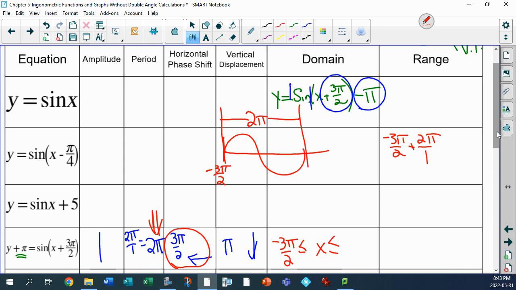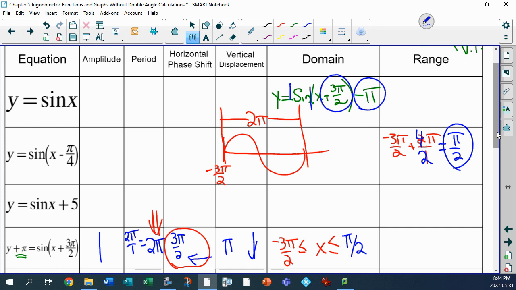Let's make it into a fraction with a common denominator by multiplying the top and the bottom by 2. Minus 3 pi over 2 plus 4 pi over 2 means that this guy is going to end at pi over 2. Minus 3 plus 4 is positive 1. So your endpoint is, in fact, pi over 2.